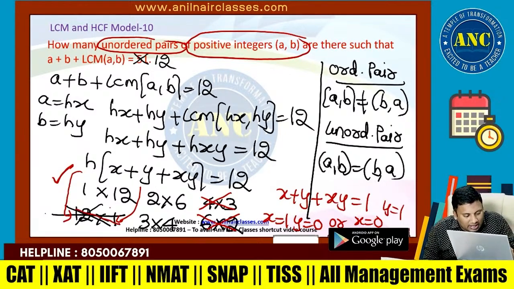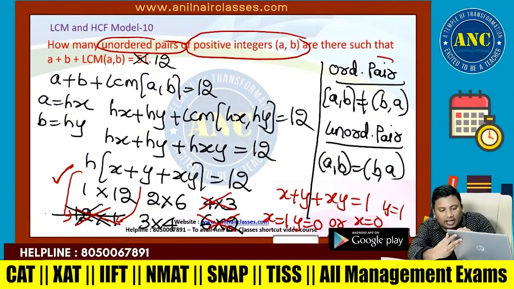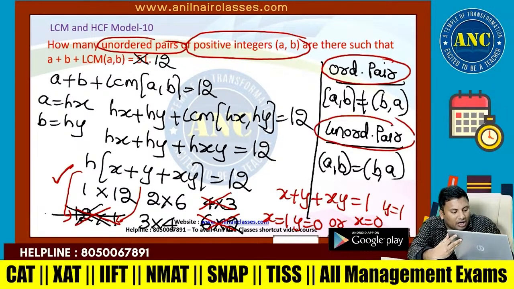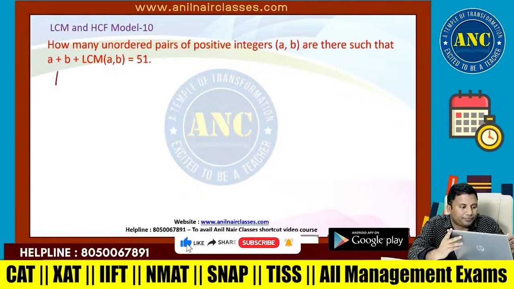So this case is eliminated. I hope it is clear, ordered pair and unordered pair. If it is an ordered pair, take all the reverse. If it is an unordered pair, do not take the reverse. Let me do it in the next slide.